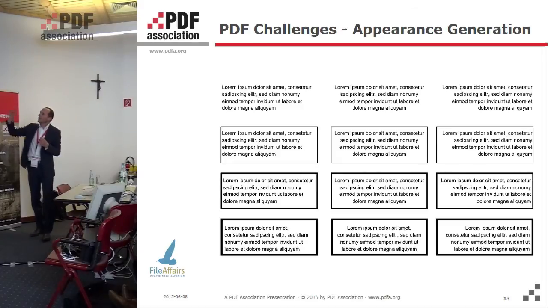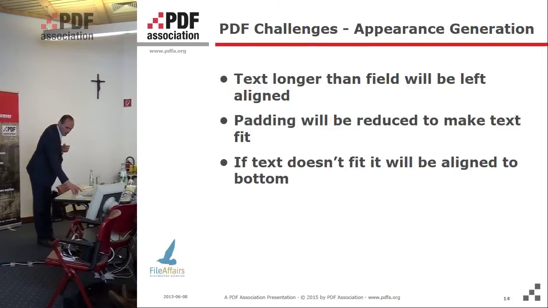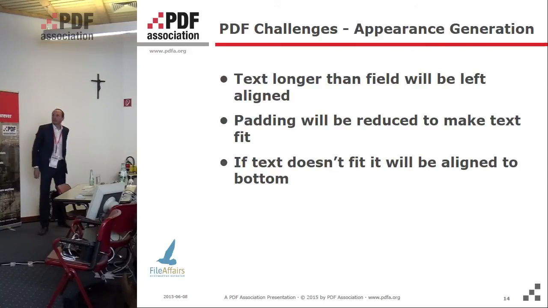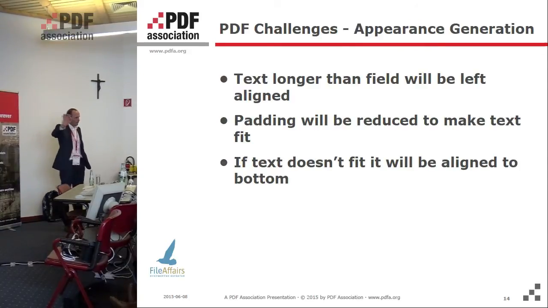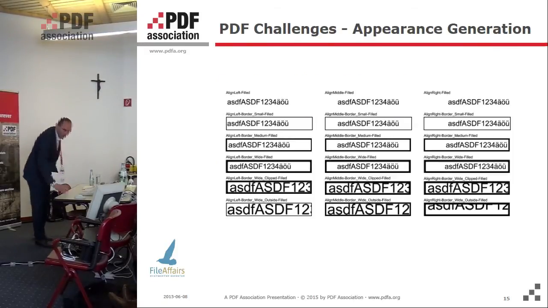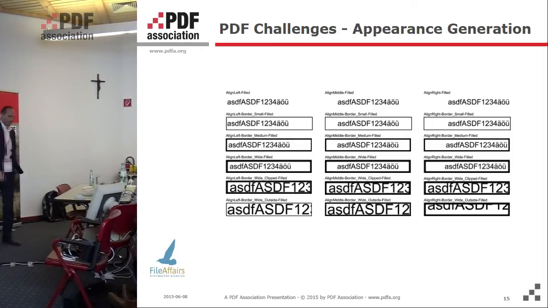So in order to come up with that type of information, you have to find out that text which is longer than the text field will be left aligned, and padding will be reduced. So if you have the normal padding here, that will be reduced until it doesn't match, and then there will be another special case.